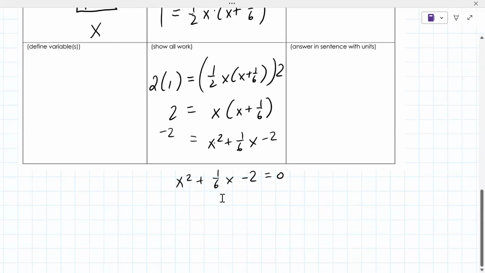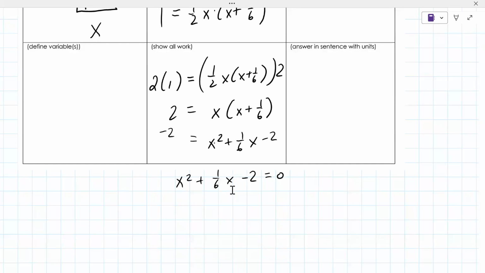What do you think you guys would do here? That was the other reason for multiplying by 6: you'd get rid of the fraction. I've just done quadratic formula. On one of them I did complete the square, but for the most part, quadratic formula. But for this one it would be easier to complete the square.